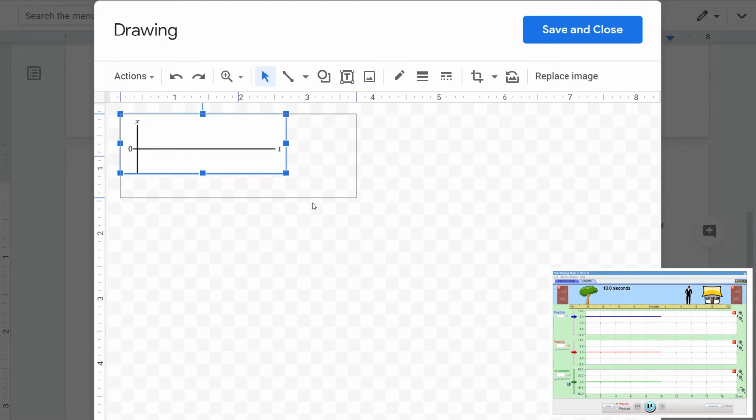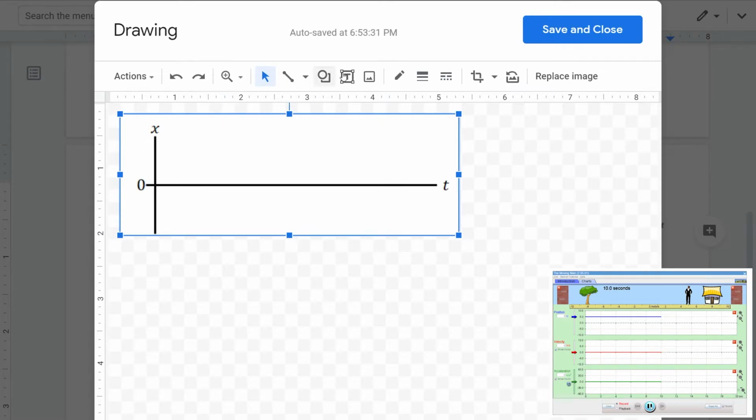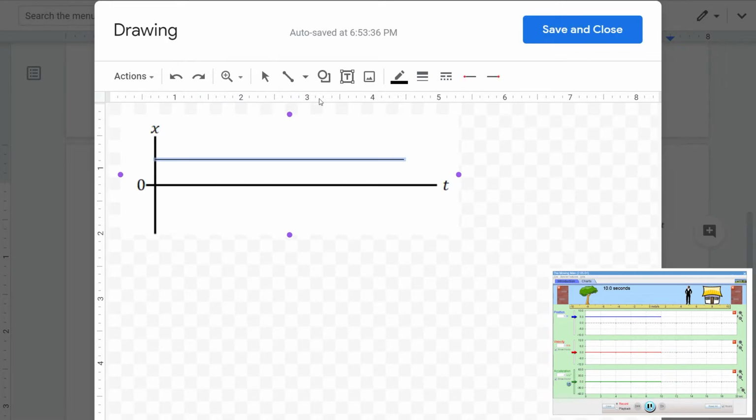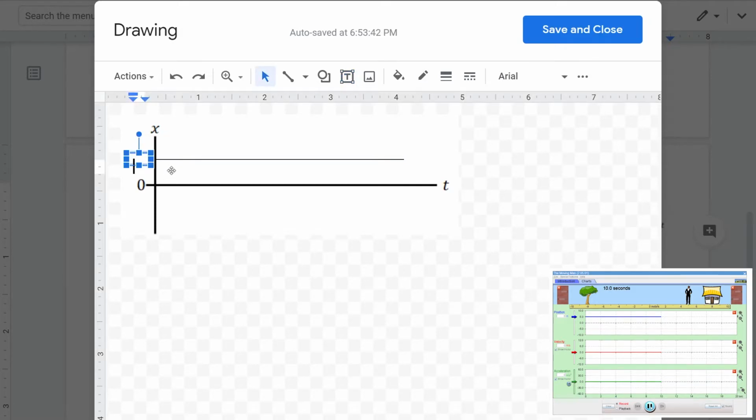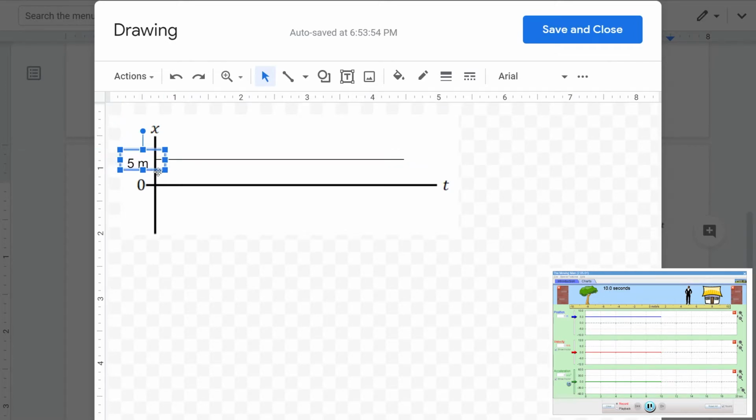The position graph looked like it was a straight, horizontal line that had a positive intercept. So the horizontal line was above the horizontal axis. And let's just say that this had a height of 5 meters because the object stayed in the same place at 5 meters for the entire time, not moving.